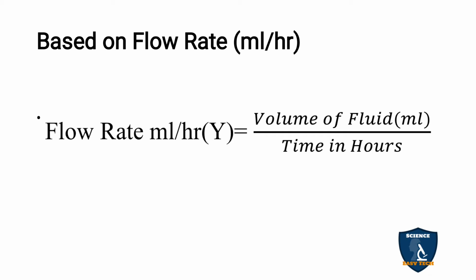So normal saline I told 2 pints: 2 into 500 ml is equal to 1000 ml. DNS 1 pint: 1 into 500 ml is equal to 500 ml. D5 again 1 into 500 ml is equal to 500 ml. Add it: 1000 plus 500 plus 500, so totally it is 2000 ml.